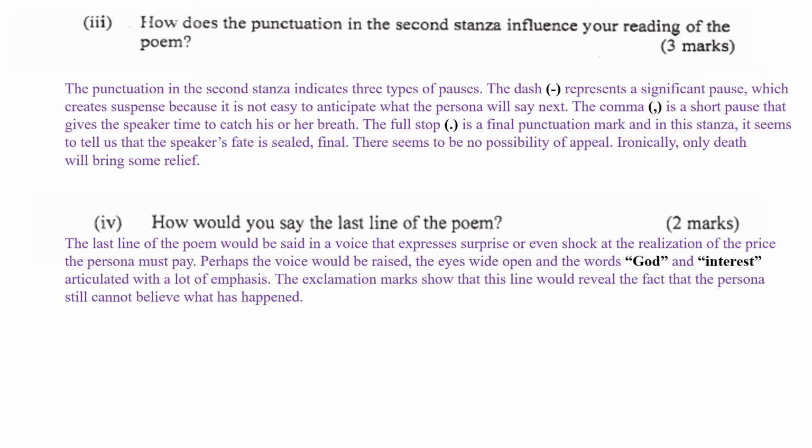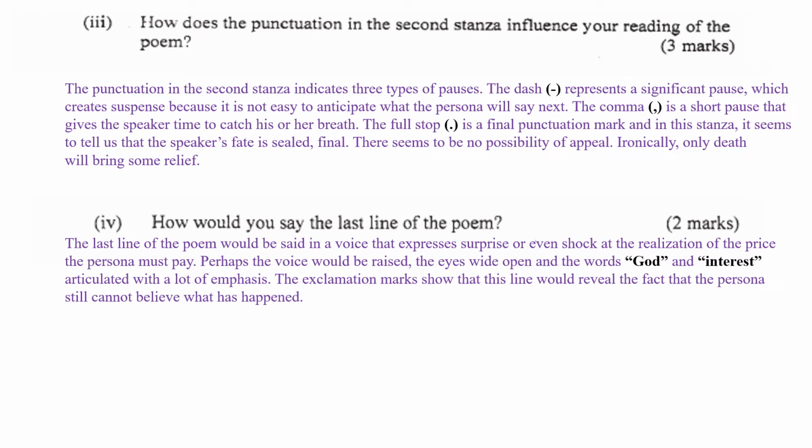The comma, a short pause that gives the speaker time to catch his or her breath. The full stop is a final punctuation mark, and in this stanza, it seems to tell us that the speaker's fate is sealed, final. There seems to be no possibility of appeal. Ironically, only death will bring some relief.